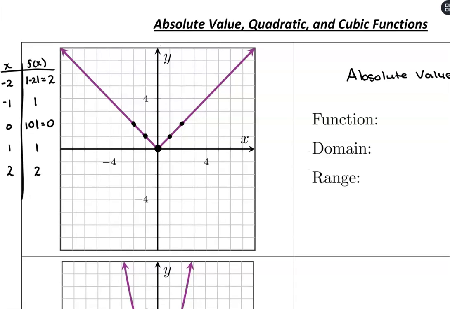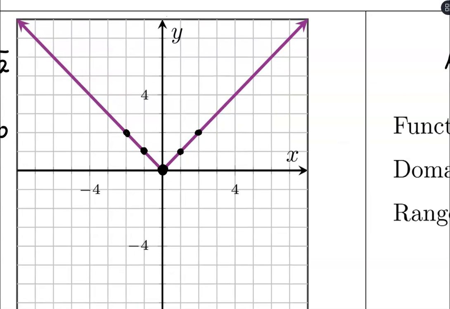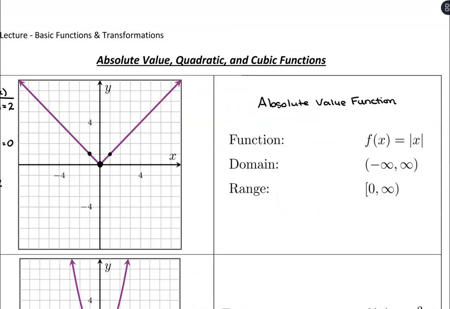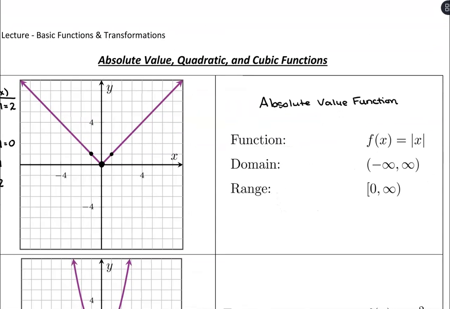I think of these 4 key points. I even really just focus on this 0, 0, and then at 1 away, we'd be 1 up vertically on either side. So when I start graphing the transformations, if it's an absolute value, this would be my starting point.